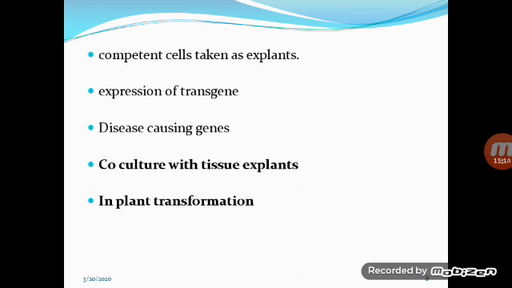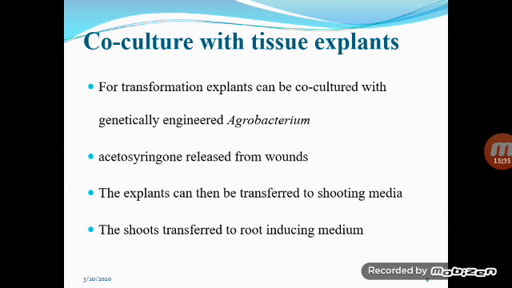Agrobacterium gene transfer can be achieved in the following two ways. First is co-culture with explant plant tissue. The other is in-planta transformation. Now we will talk about co-culture with explant plant tissue.